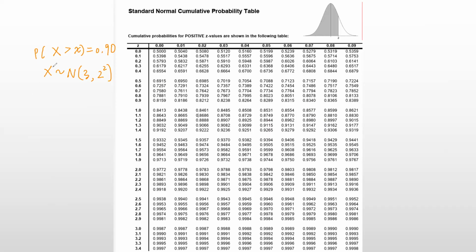The idea is we're going to standardize capital X and little x. So the probability of (X minus 3) over 2 greater than (x minus 3) over 2 equals 0.90. That's the same as capital Z greater than (x minus 3) over 2 equals 0.9. So it's Z now, and we can use the table. It's greater than some number with probability 0.90, so that number is actually negative. So (x minus 3) over 2 is negative.